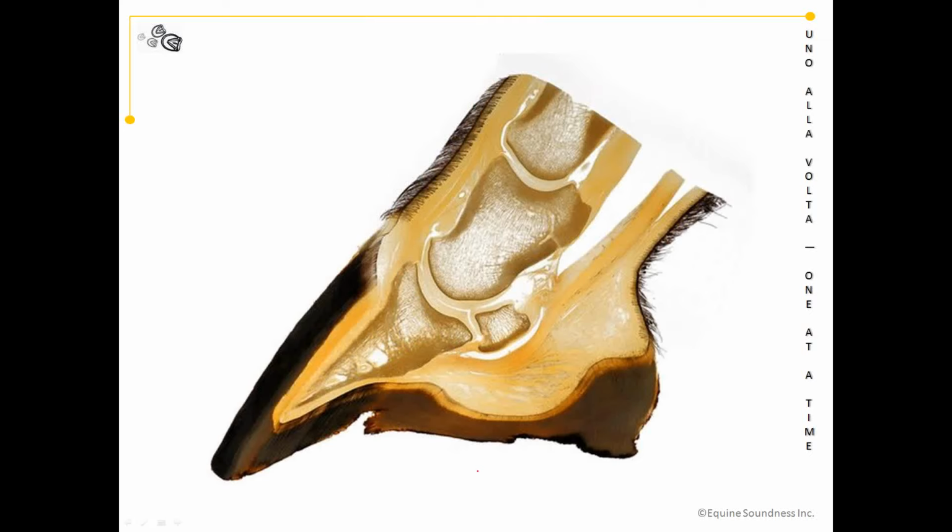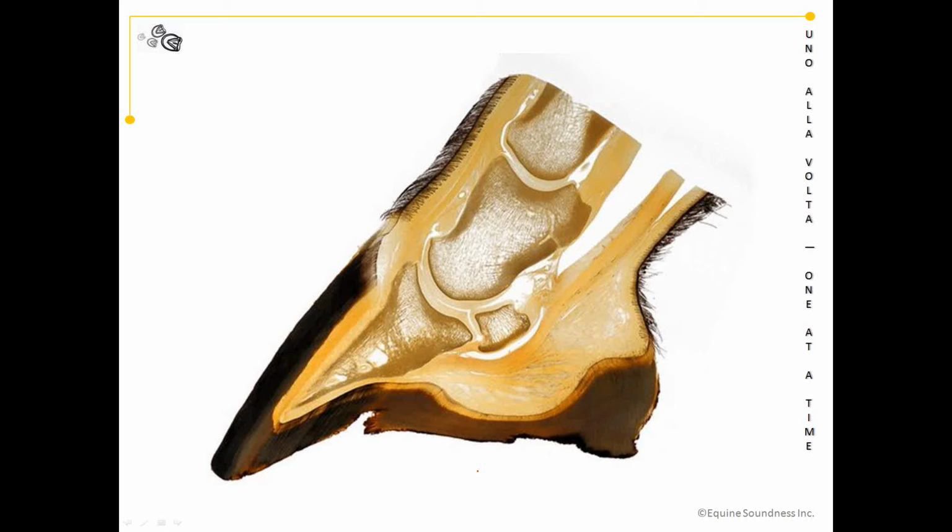When we look at this picture, we could easily get the impression that the coffin bone is a rather sharp bone that has a totally different form, because this is just a cross-section.